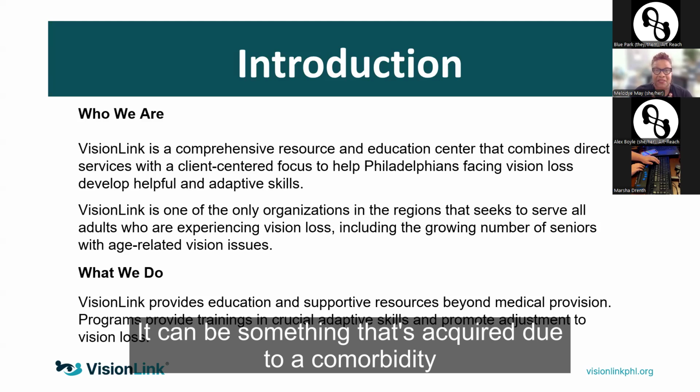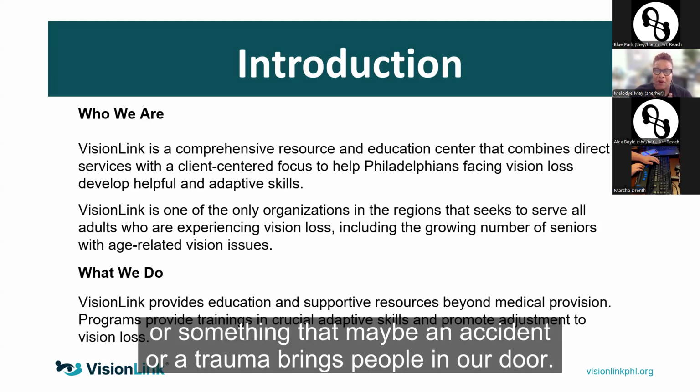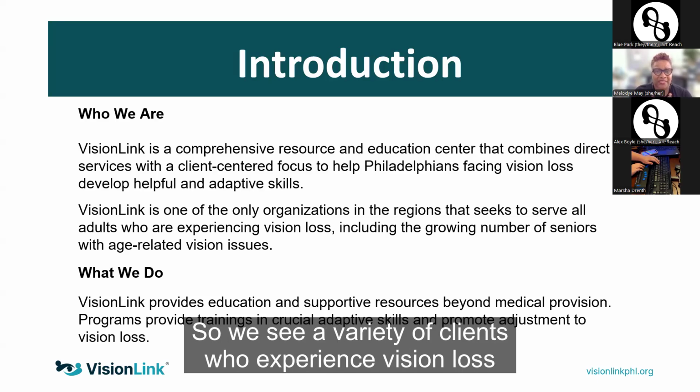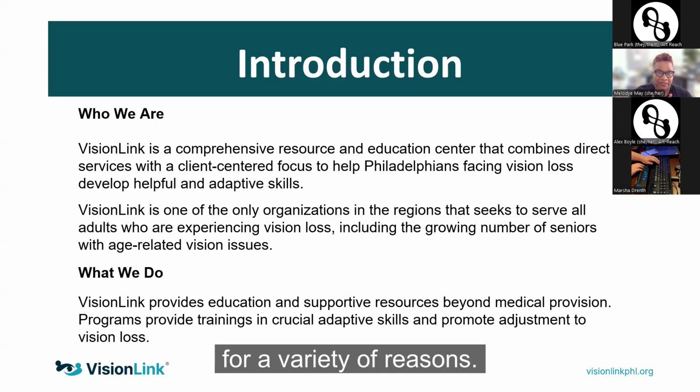It can be something that's acquired due to a comorbidity or something that maybe an accident or trauma brings people in our doors. So we see a variety of clients who experience vision loss for a variety of reasons.